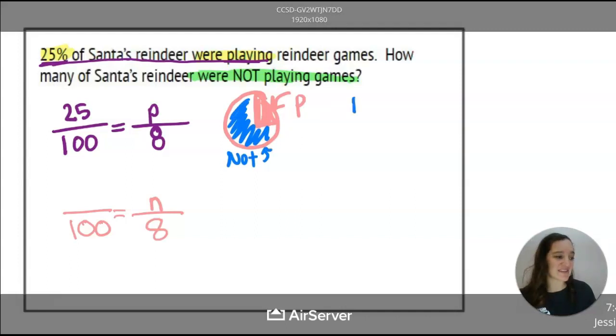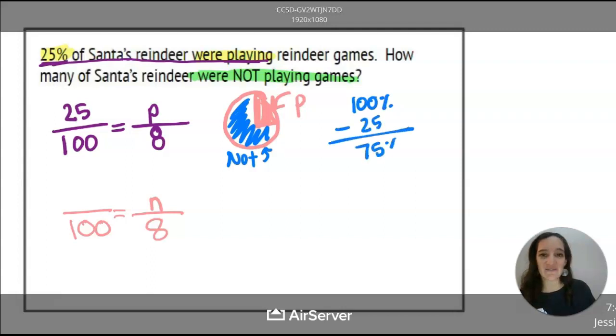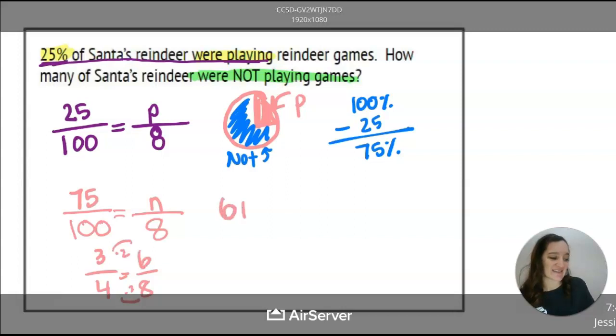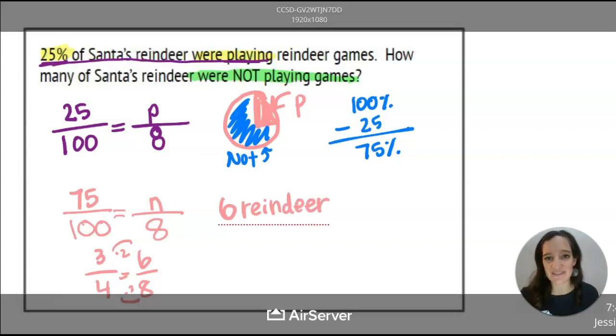We know about percents that it always equals 100%. So if we take away the percent that was playing, that's going to leave us with the percent that was not playing. So instead of solving for 25 out of 100, 25%, we can solve for 75%. And then we can be like, oh, hey, I know that's still going to be times 2, but now I get 6. 6 reindeer were not playing reindeer games.